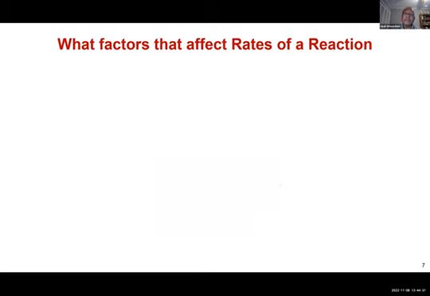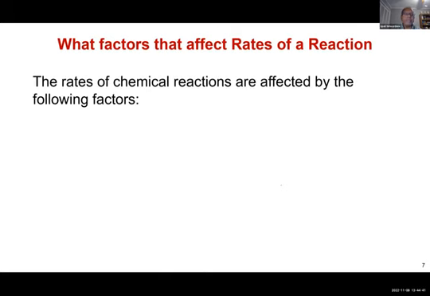What factors affect the rate of a reaction? Let's look at that. The rate of reaction is affected by the following factors. Nature of the reactants: if they are reactive materials, they undergo fast reaction. Unreactive, slow reaction.